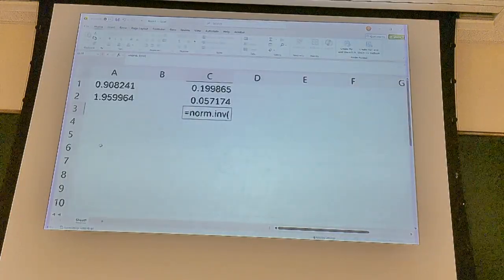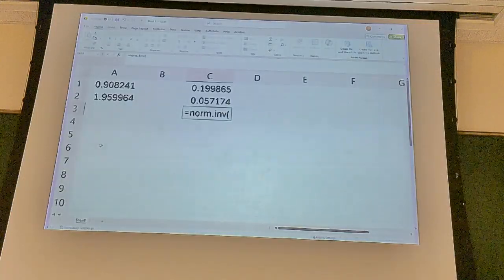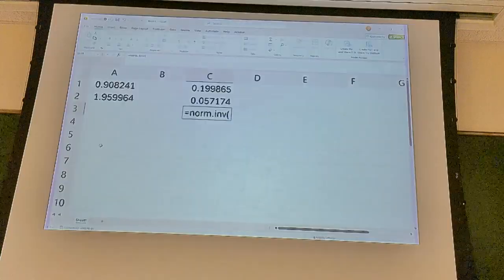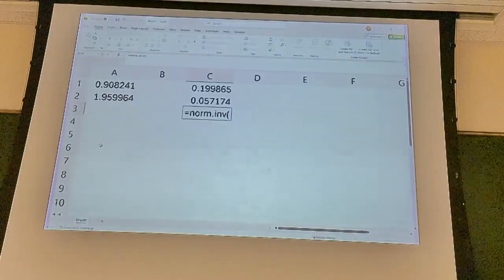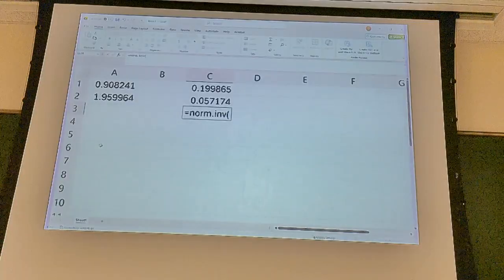What is the left area we're looking for if it's the 25th percentile?